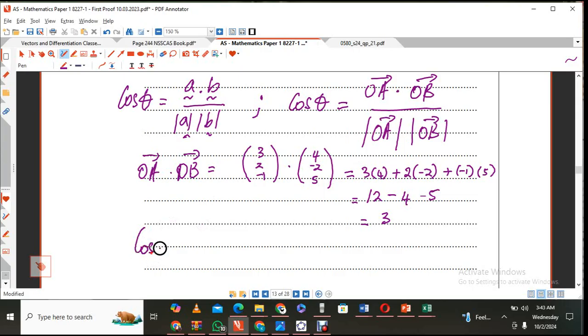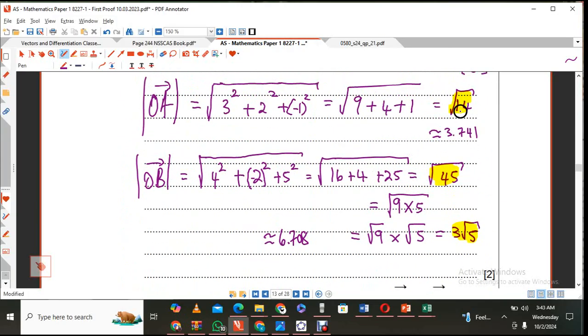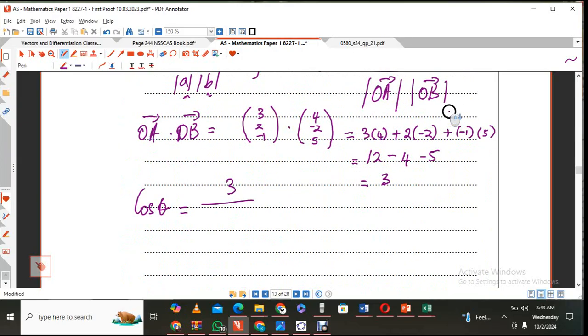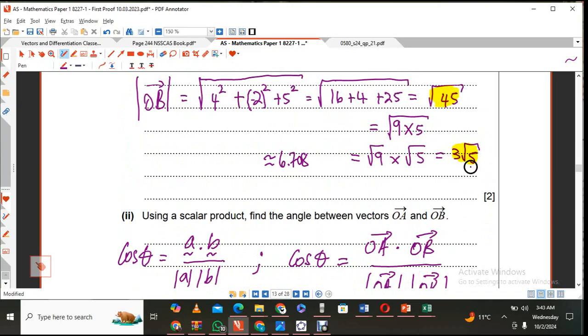So my angle then: cos theta is equal to 3 over the magnitude of OA, which I calculated earlier as root 14. So root 14 over here, multiplied by root 45, as opposed to 3 root 5. Totally up to you, same value.